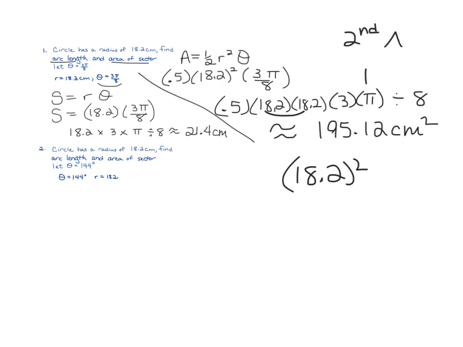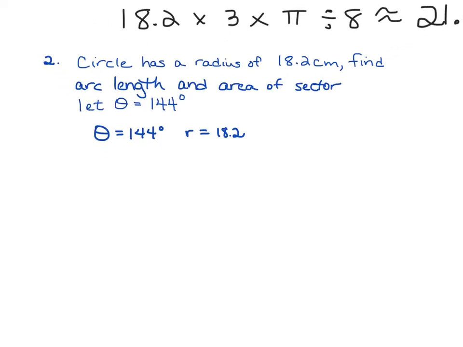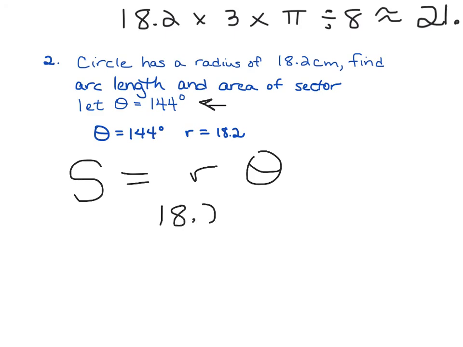The next example, my theta is in degrees. So I need to decide, am I going to convert this into radians first, or will I just do it straight in my formula? Remember, to find the arc length, it's radius times theta. So I'm going to plug in 18.2. But now I'm going to do my conversion of degrees to radians right here: 144 times pi over 180.